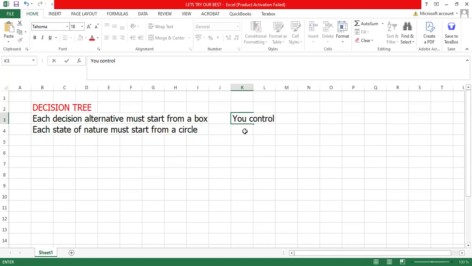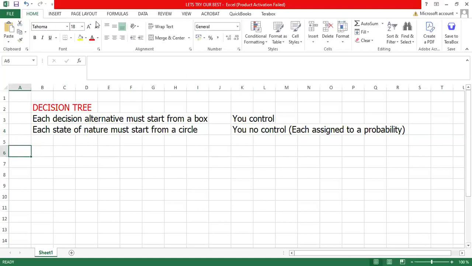But with states of nature, you have no control, and each is assigned a probability. Probabilities can be given in decimal points or in percentages, so you can differentiate these two.